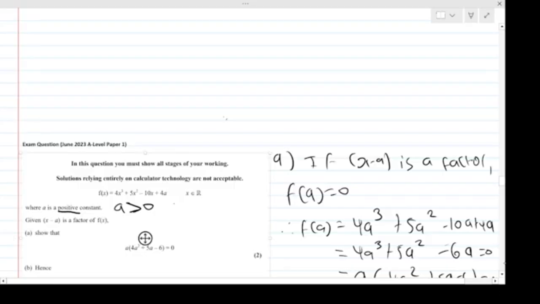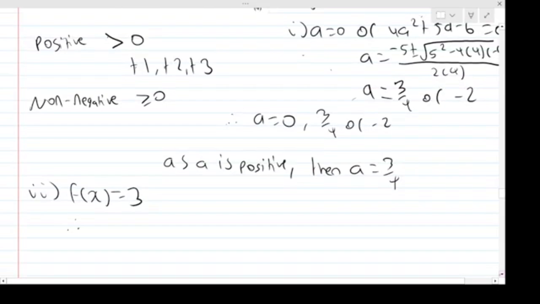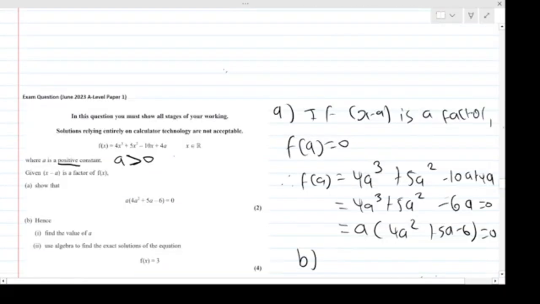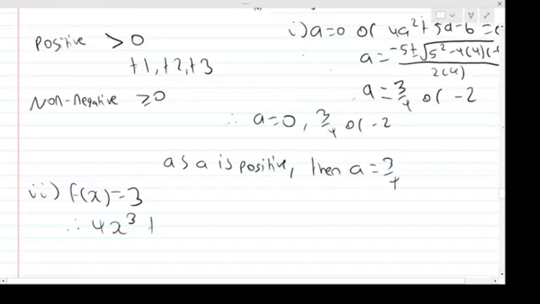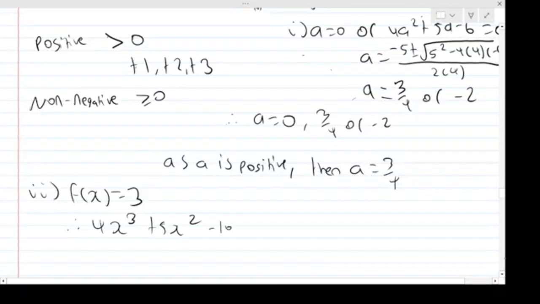So f of x is 3, if I substitute f of x in, then we get 4x cubed plus 5x squared minus 10x add 4a. Now 4a is 4 lots of 3 over 4. That is just simply plus 3. Okay, and that's equal to 3.